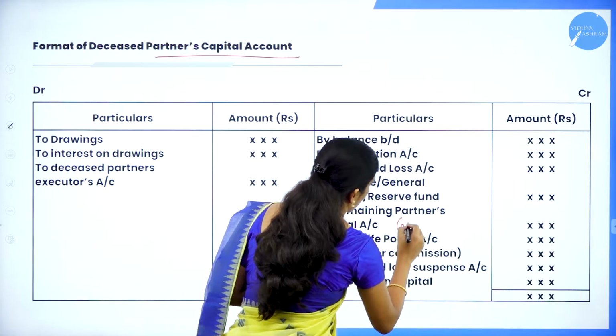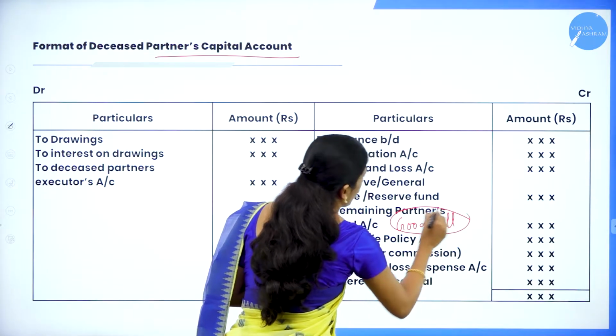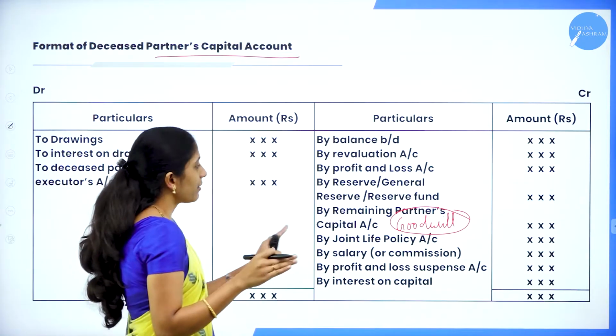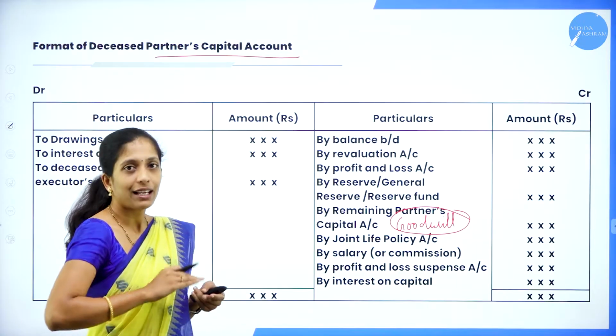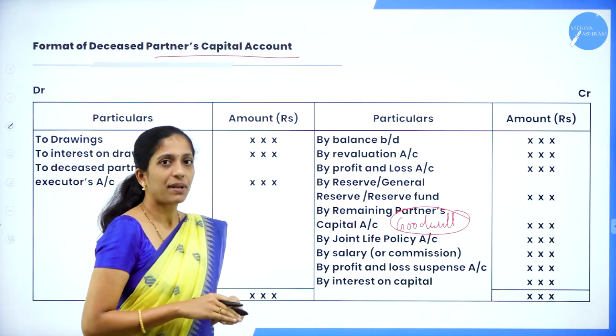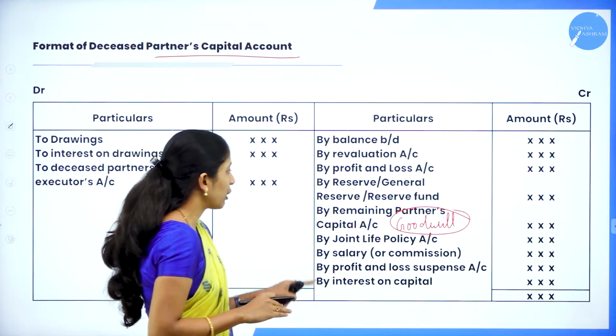This relates to the treatment of goodwill. Here also the entry will be the same as in retirement of a partner. In retirement, your entry will be remaining partners' capital account debit to retiring partner's capital account. Here it is remaining partners' capital account debit to deceased partner's capital account. So that is the treatment of goodwill.